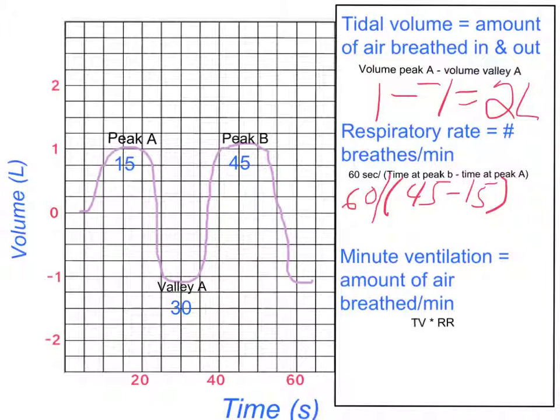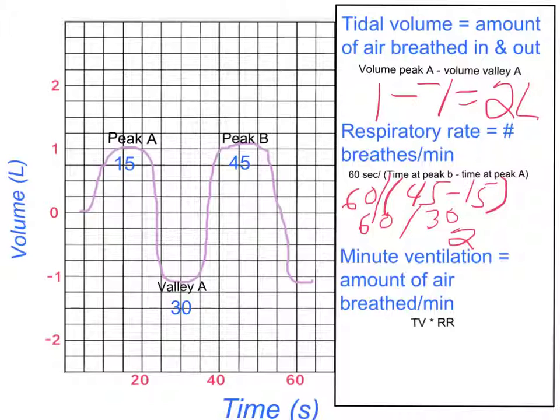It's going to give us 30 seconds. Then we're going to take 1 minute and divide it by the amount of time for one breath, and then we get 2. So we breathe 2 times per minute, which makes sense because you look at 60 seconds, you see that we basically breathe 2 times. So it works out perfectly.